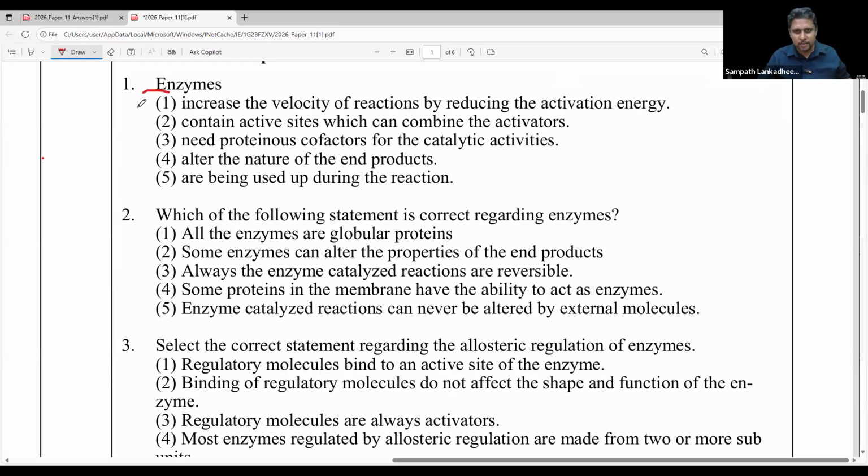Next, containing active sites which can combine activators. No, activators usually bind with an allosteric site. So it is wrong.